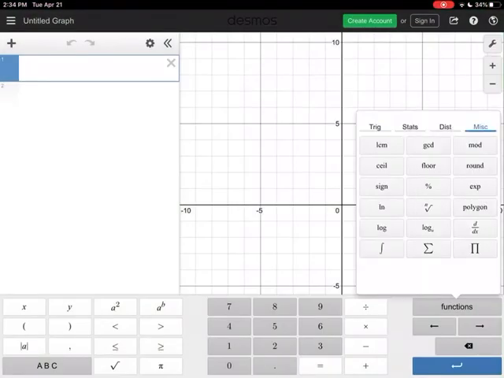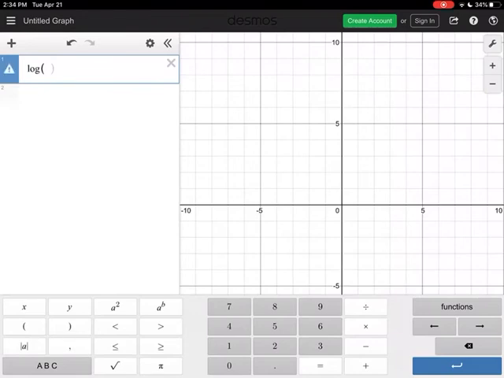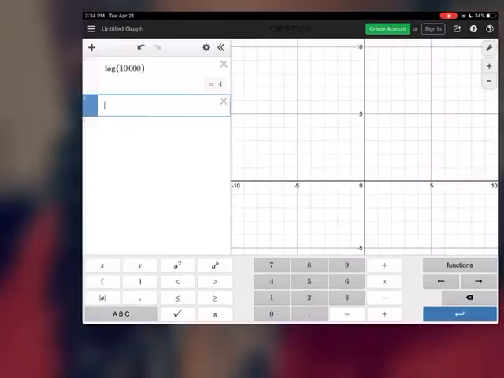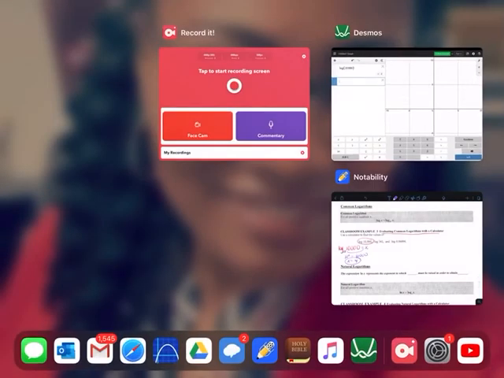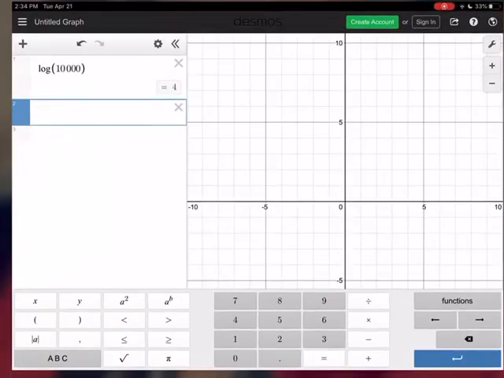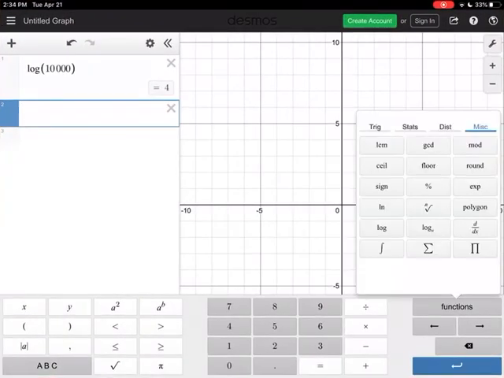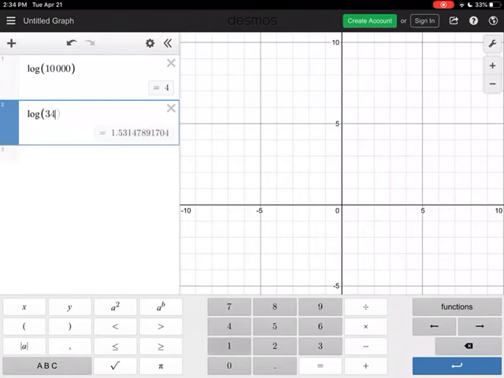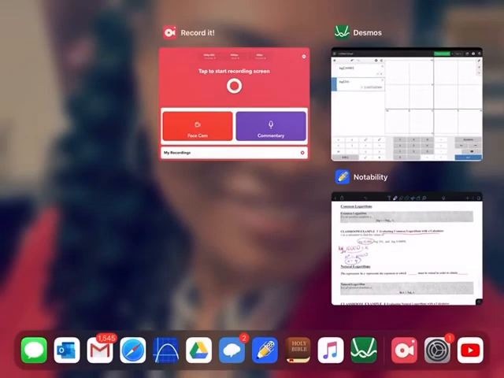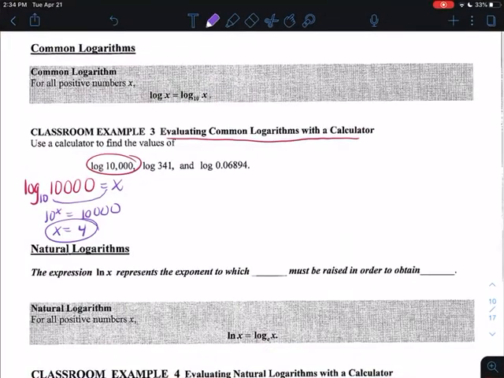Under functions, when you hit miscellaneous, notice you see just a log by itself. That's common log. So 10,000, all right, it's 4. Then they want us to use a calculator to find log of 341. That would be the decimal 2.533 if I round it to 3 decimal places.